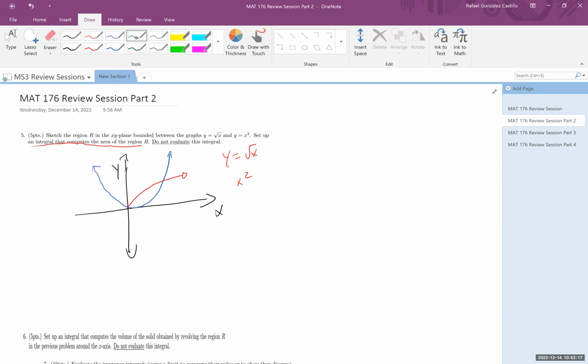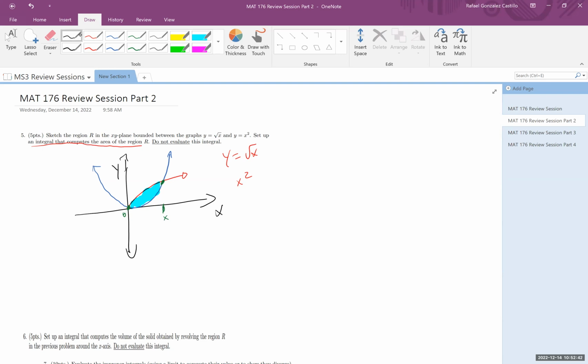If you notice, there are points at which these 2 functions intersect. They intersect at the origin and at whatever this point here is, which we could actually find. And the area that we're interested in finding is the area that's trapped in here, this blue piece. So we have to set up an integral that gets us that area.